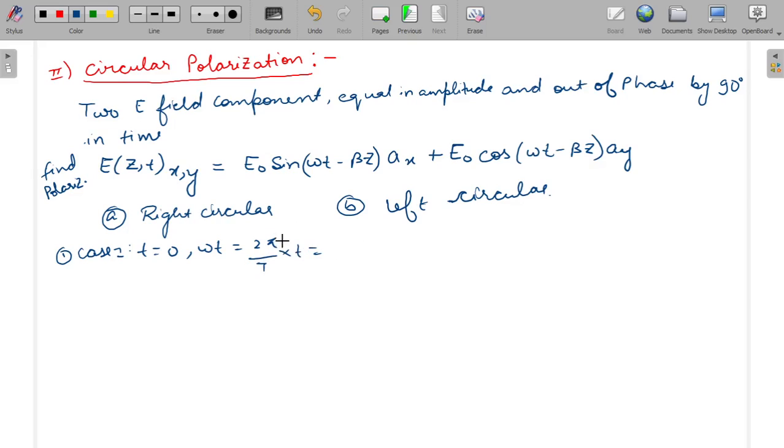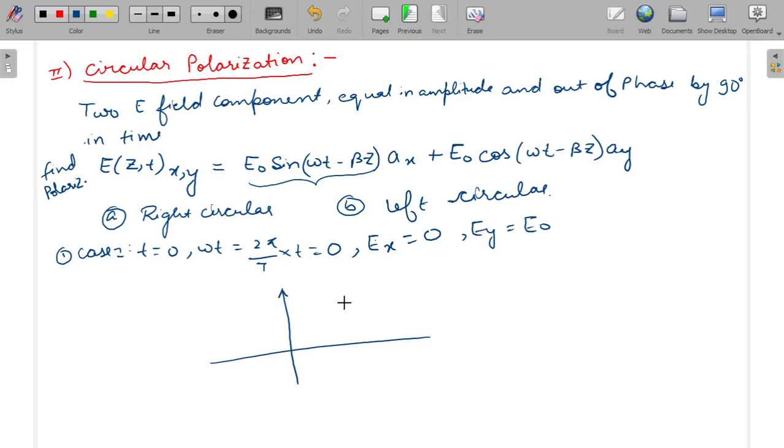that is equal to 0. Ex is equal to 0 because sine 0 is 0, and Ey is equal to E naught. So our graph will start at Ey, the direction of E in the y direction, that is E naught. This point is t equal to 0.